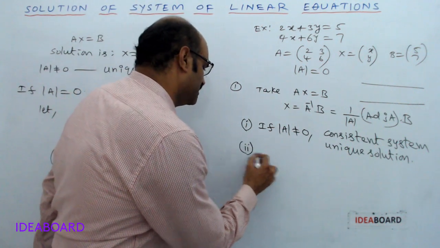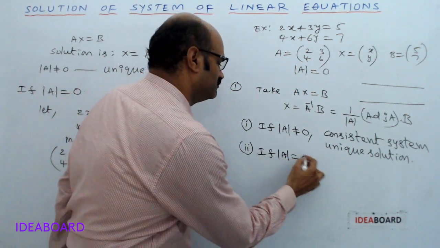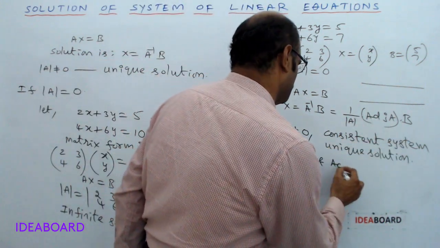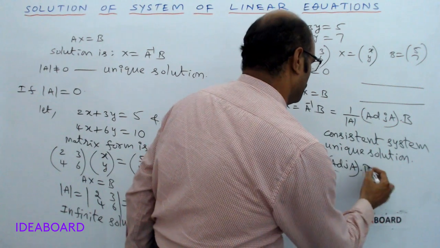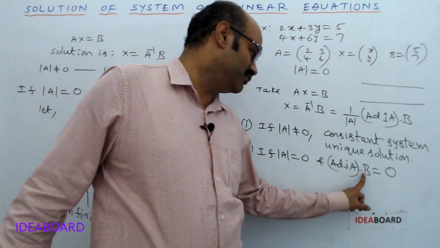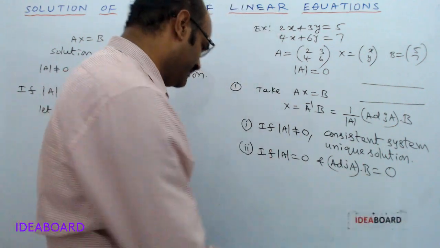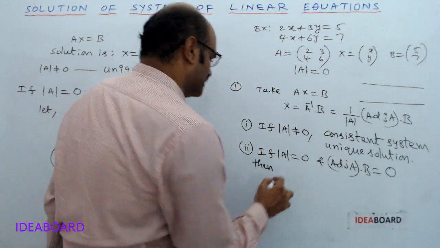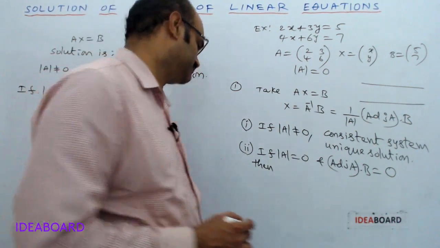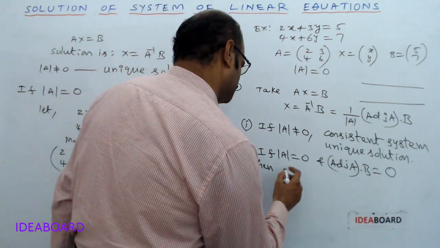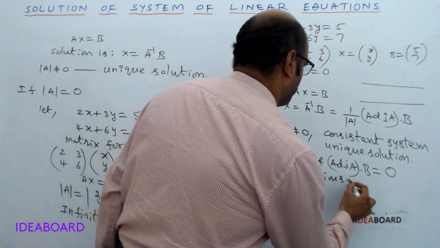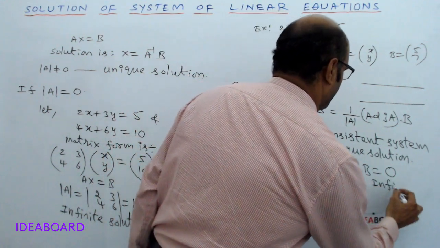Next, second case: if det A equal to 0 and adjoint of A into B equal to null matrix, then the system of equations is having an infinite number of solutions.